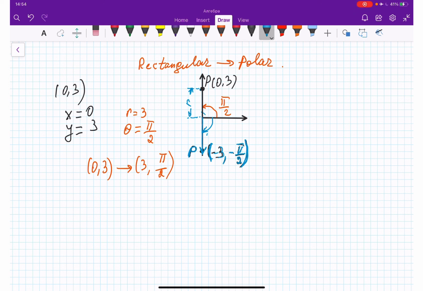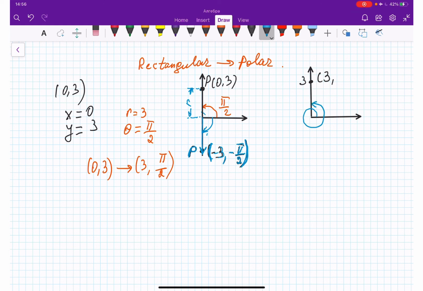And lastly, we can have also positive 3, let's say, and what kind of angle can we have? We can have such an angle: a full circle and come back.